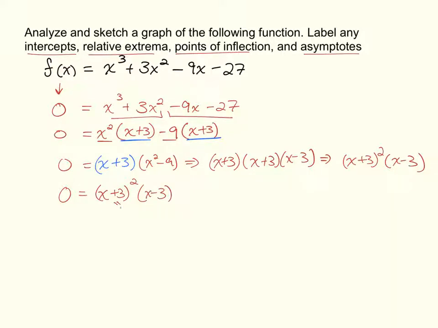So when you set each of these factors equal to 0 and solve for x, that tells you that x will equal positive 3 and negative 3. So we will have two x-intercepts.